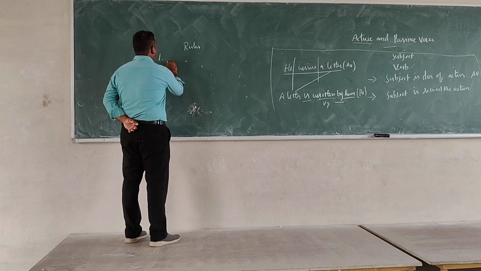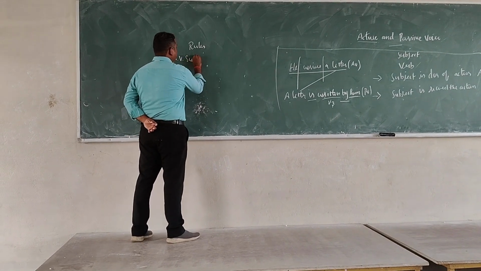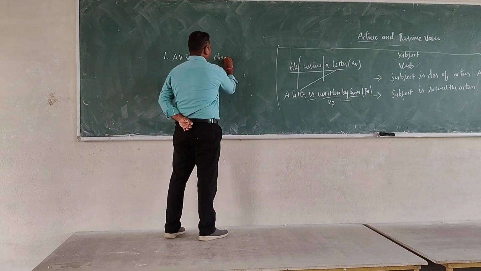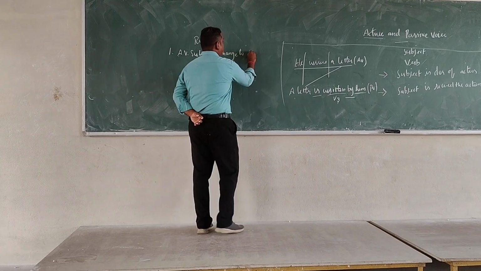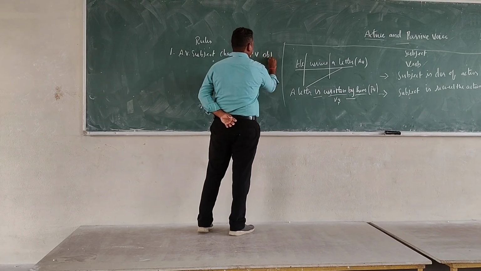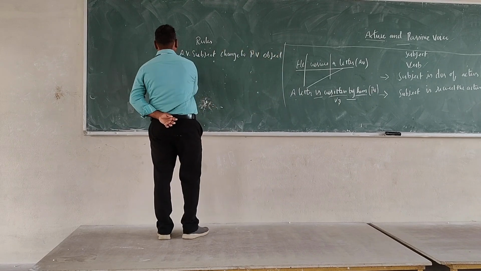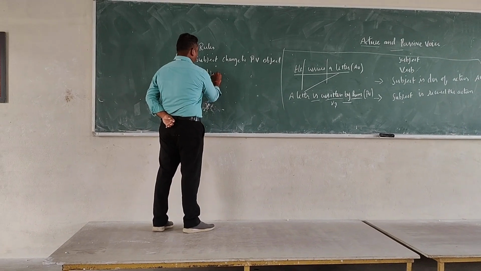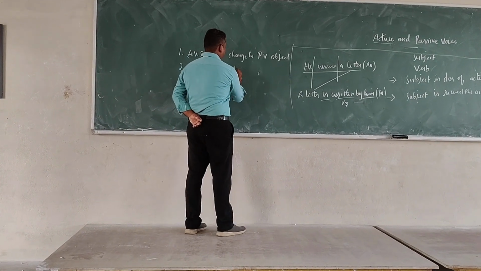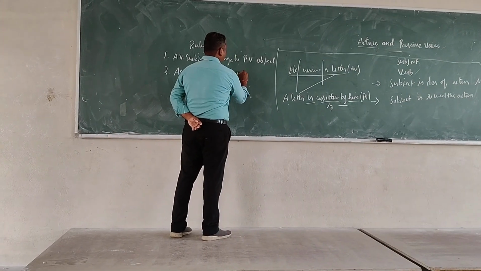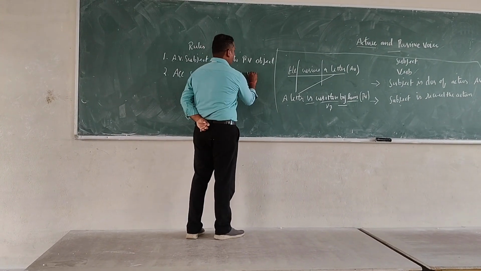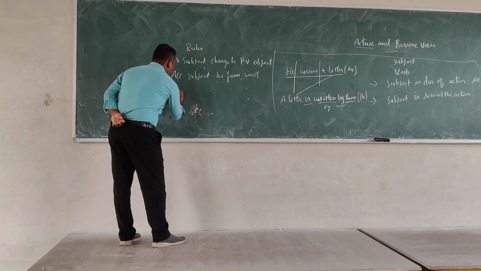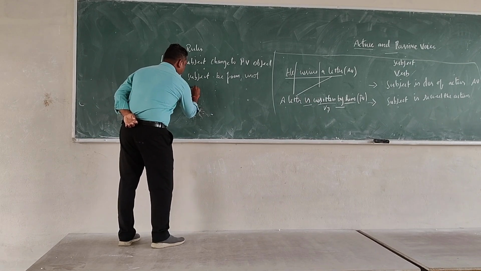The first one: active voice subject changes to passive voice object. Second one: according to the subject, the be form verb. The be form verb is called the auxiliary verb. The auxiliary verb is used. Then the past participle verb, V3 verb.